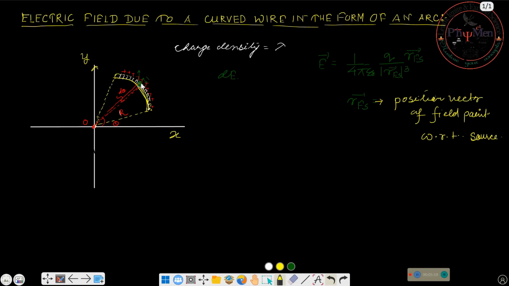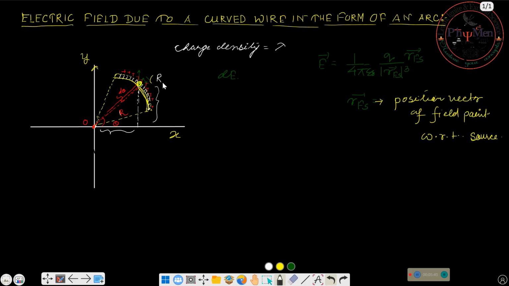The source is the charge because of which we are finding the electric field. So that source is this particular element. Let me write the coordinate of this source. The x coordinate is r cos theta, and the y coordinate is r sin theta.